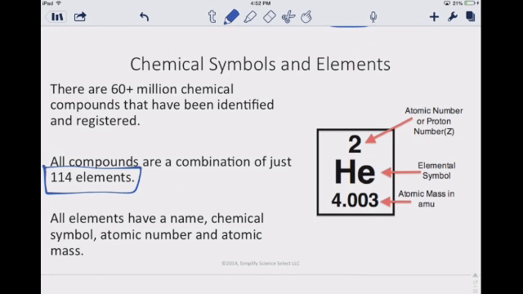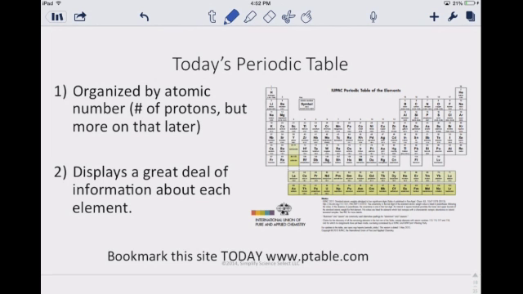And all elements have a name, a chemical symbol, atomic number, and atomic mass. And we can see that here. There's our atomic number, there's our symbol, and there's our atomic mass. So our periodic table today is organized by the atomic number, the number of protons, but we'll talk more on that later. And number two, it displays a great deal of information about each element.